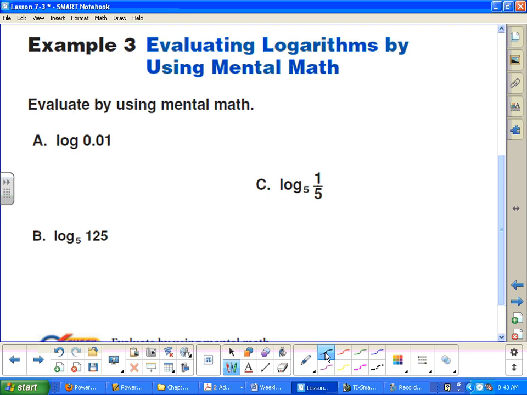So first of all, I don't like decimals. I prefer fractions. What's 0.01 as a fraction? 1 over 100, right? So this is the same as the log of 1 over 100.